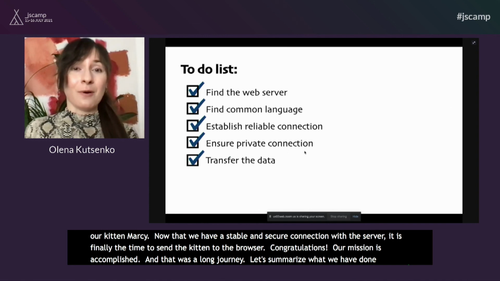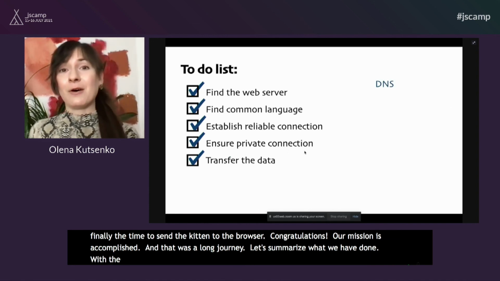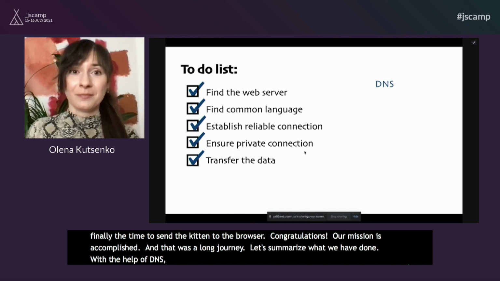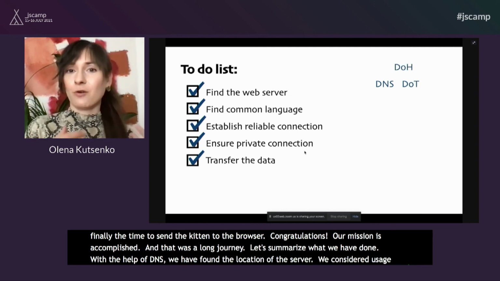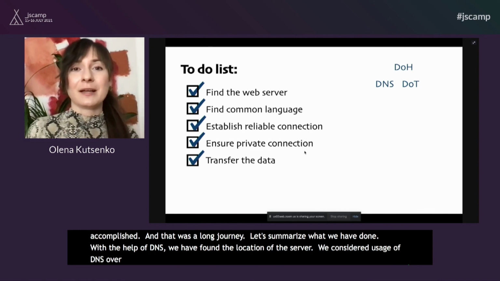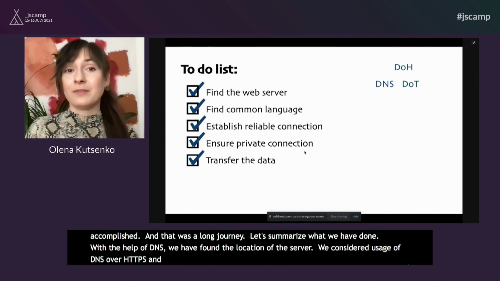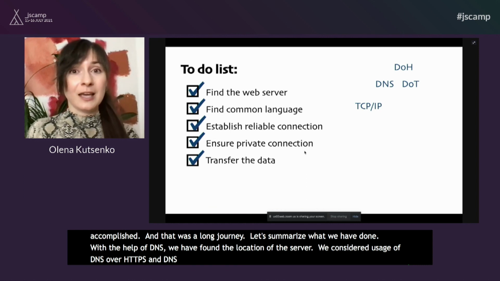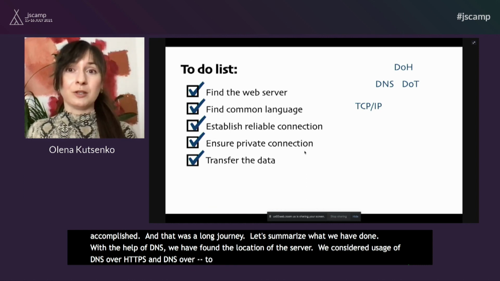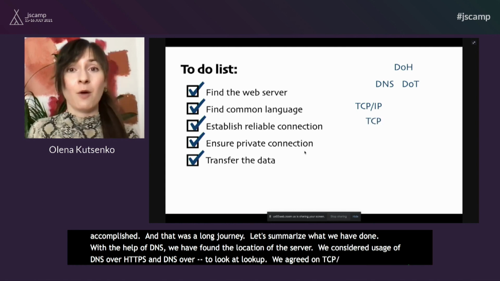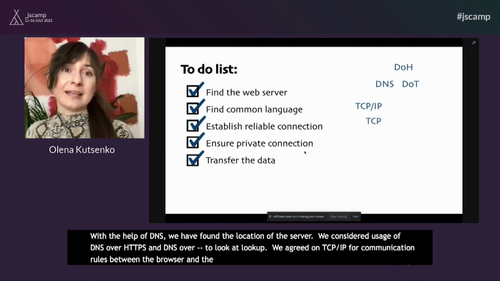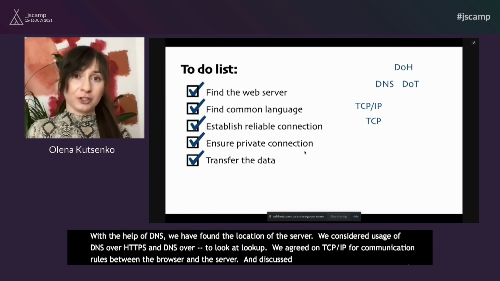With the help of DNS, we have found the location of the server. We considered usage of DNS over HTTPS and DNS over TLS to hide certain aspects of DNS lookup. We agreed on using TCP/IP for communication rules between the browser and the server and discussed how TCP protocol helps keeping a stable and reliable connection.